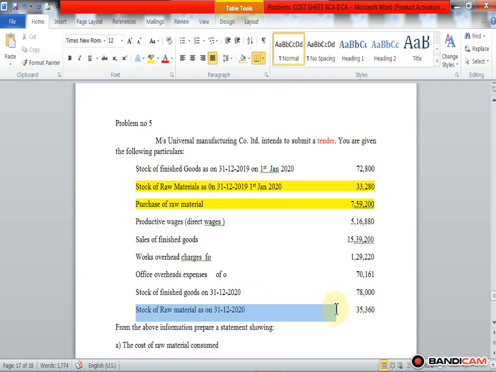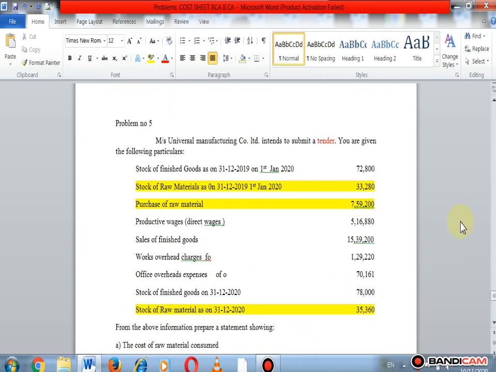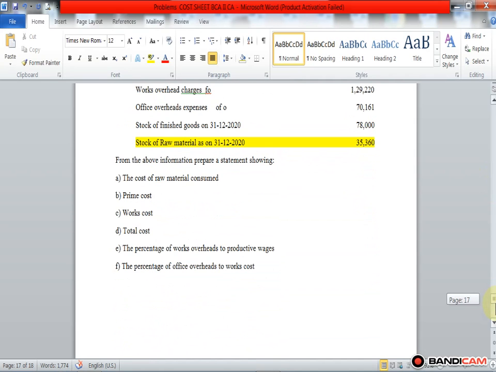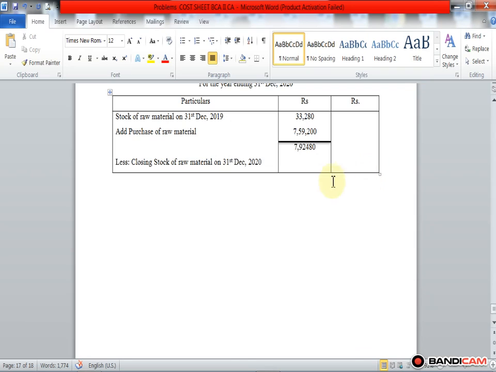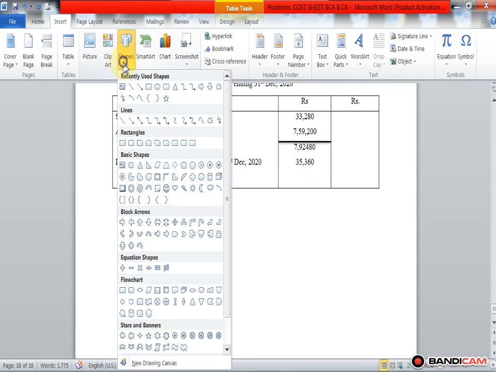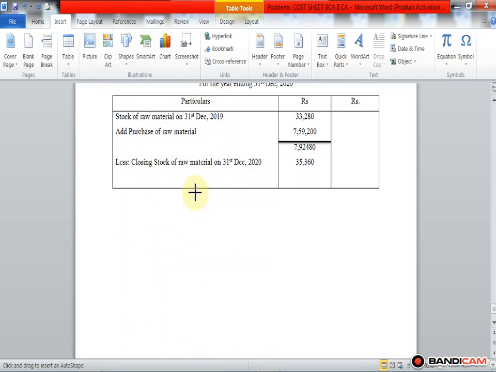We transfer this closing stock 35,360, and highlight it for our understanding. Then we make the addition and deduction.